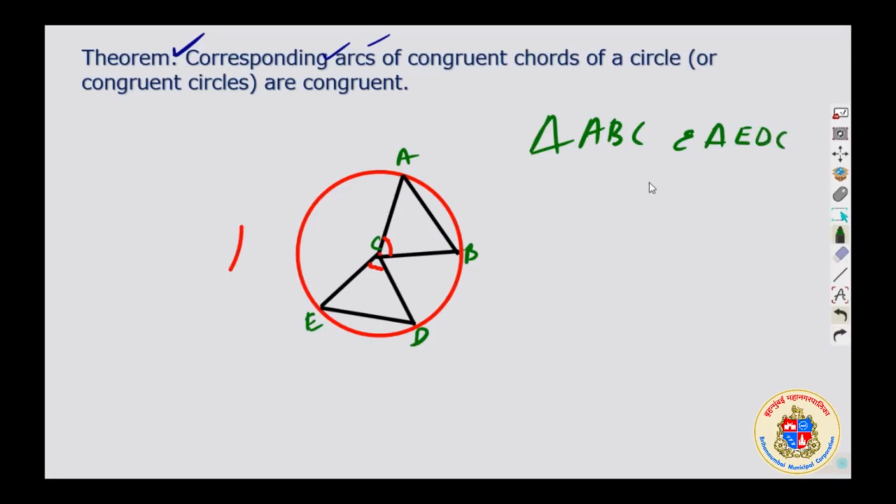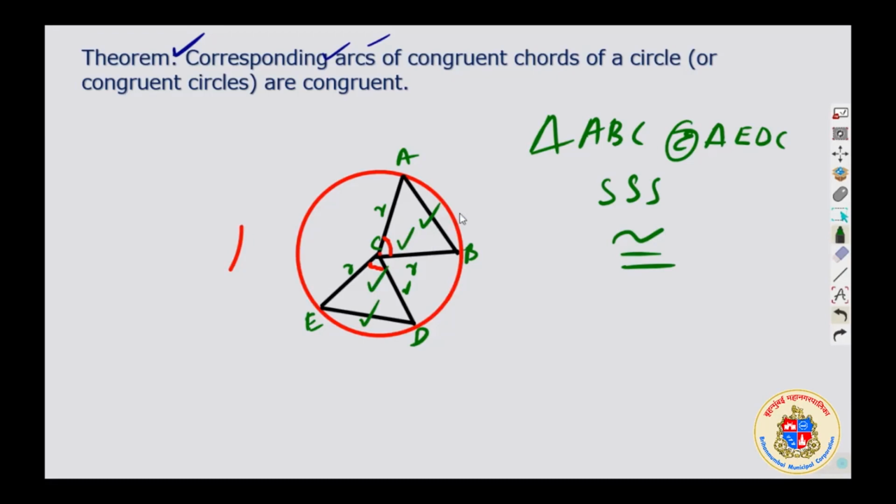If I consider these two triangles for testing congruency, we know that these are radii, as before. So two sides are already congruent, and the chord is drawn congruent, by construction. So by the SSS test, I can prove these two triangles are congruent. Once the triangles are proved congruent, I can easily say that these two angles are congruent.